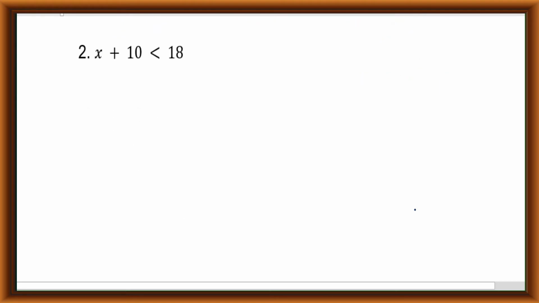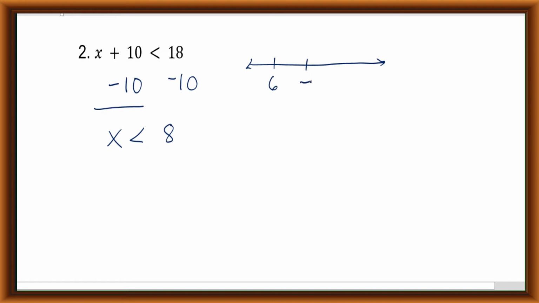In number 2, we have x plus 10 is less than 18. Again, we will subtract 10 from both sides of the inequality. So we have minus 10 here and minus 10 also here. What we have is x is less than 8. Again, on the number line, let's have 6, 7, and 8.